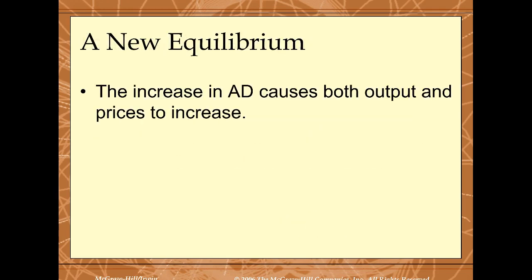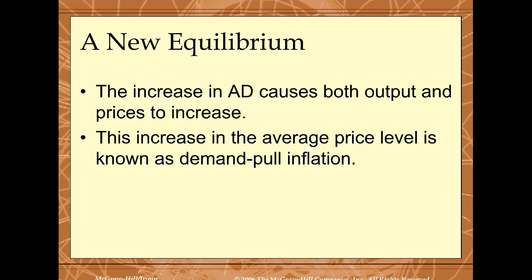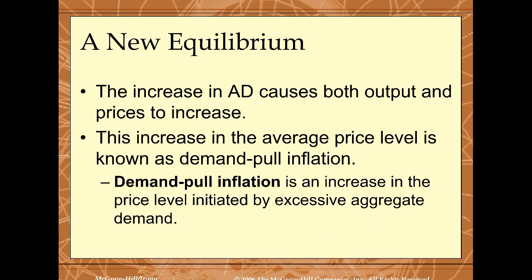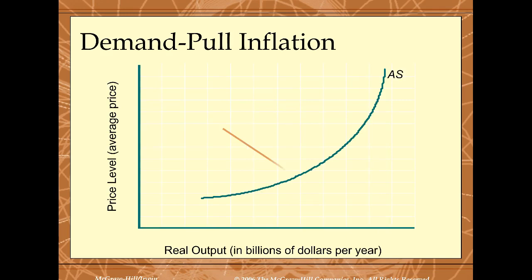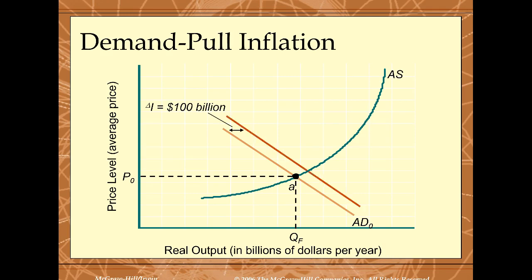So the increase in aggregate demand causes both output and prices to increase. This increase in the average price level is known as demand pull inflation, and we covered this in the inflation chapter. And you could see that when you shift the AD curve to the right, you get more output, right?